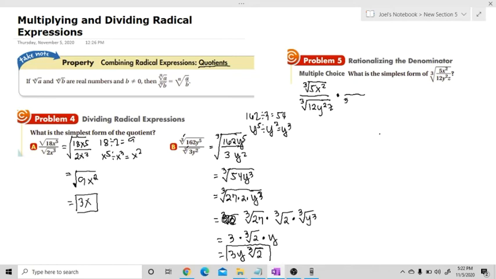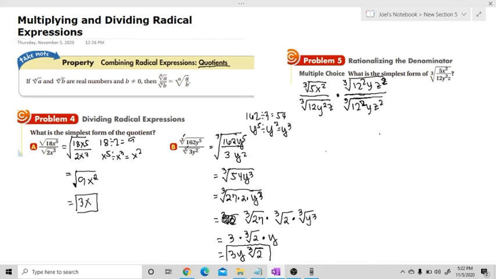We will multiply by the cube root of 12 squared y z squared. Whatever we multiply to the denominator, we must also multiply to the numerator.